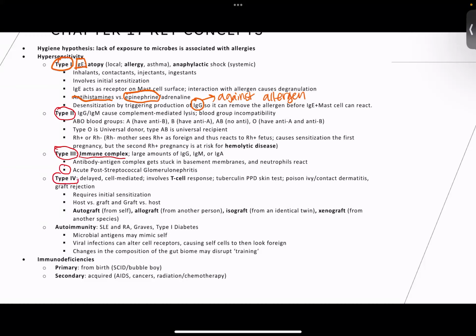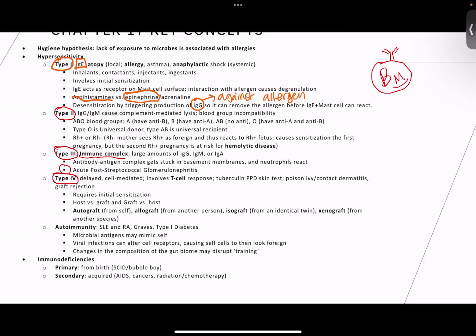Type 4. These are our delayed type hypersensitivities. They are delayed because when you have a B cell that is a memory cell, the B memory cell might have its little receptor. Because it's seen the antigen before, that B memory cell doesn't have to go through the whole process of activation that we learned about in chapter 16.